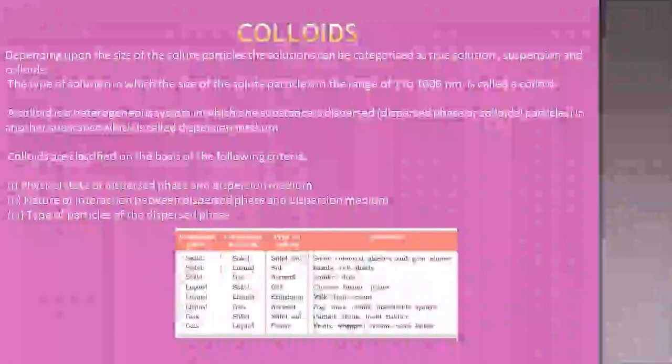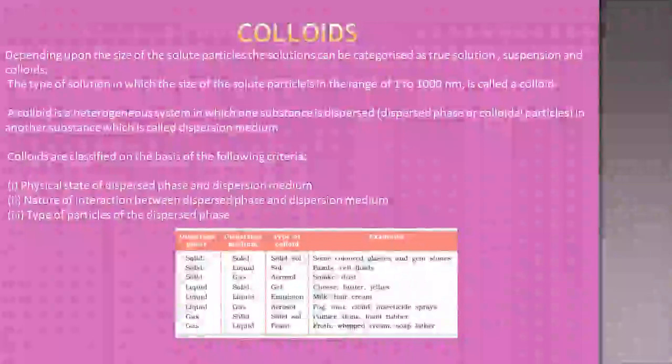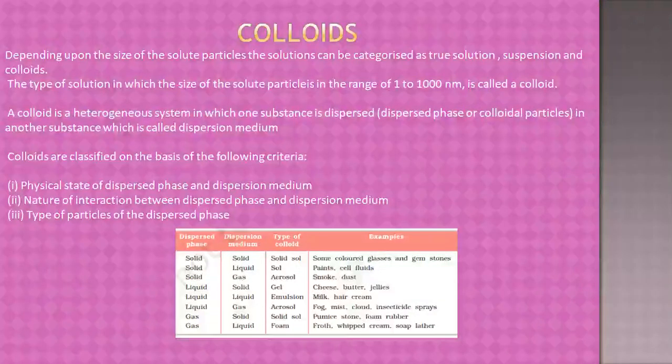Colloid. A colloid is a heterogeneous system in which one substance is dispersed as very fine particles in another substance, which is known as the dispersion medium. Depending upon the size of the solute particle, the solution can be categorized as true solution, suspension, and colloid.